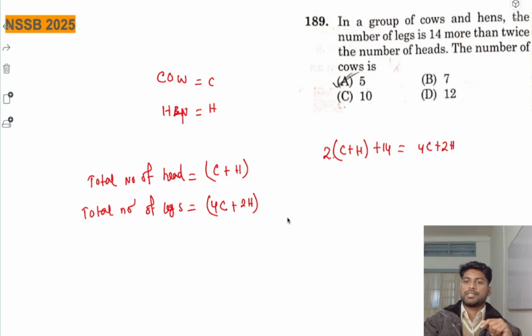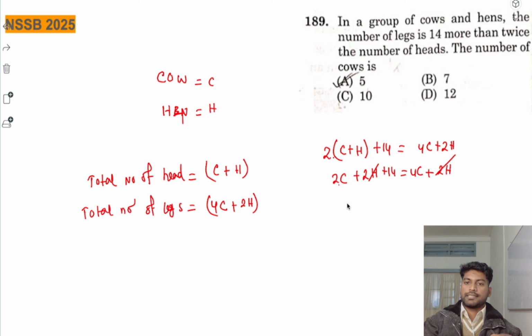Got it? Understood? From here, 2 into C is 2C plus 2H plus 14 equals 4C plus 2H. So 2H and 2H will be eliminated.